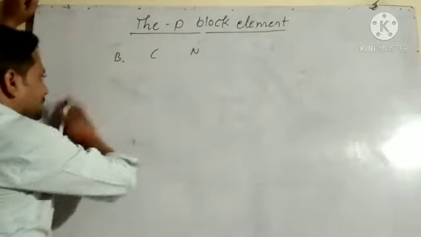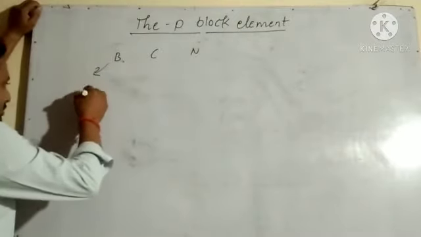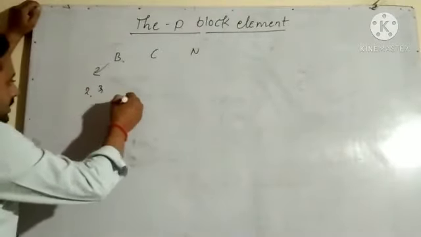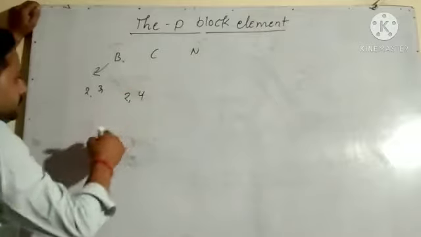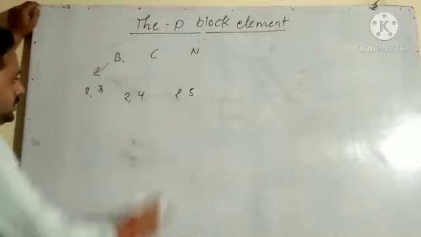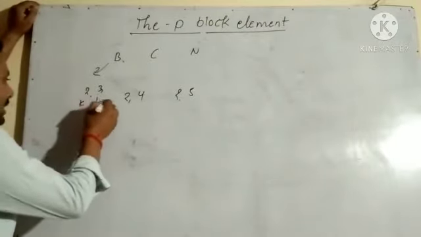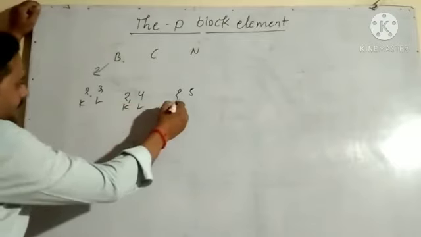If we write according to the Aufbau principle, 2, 3, 2, 4, 2, 5 means only K and L shells.